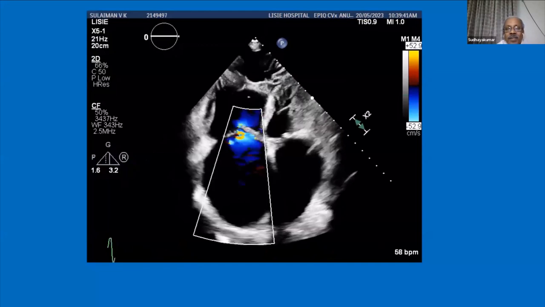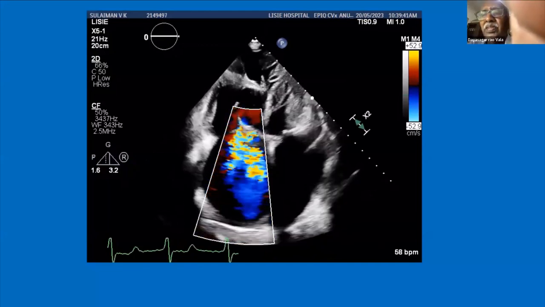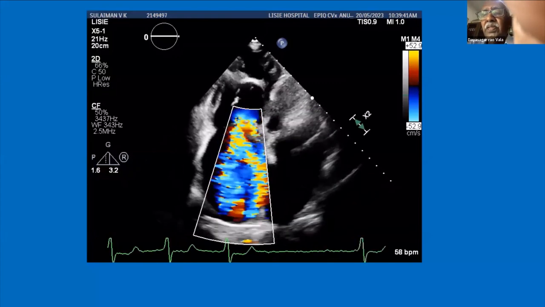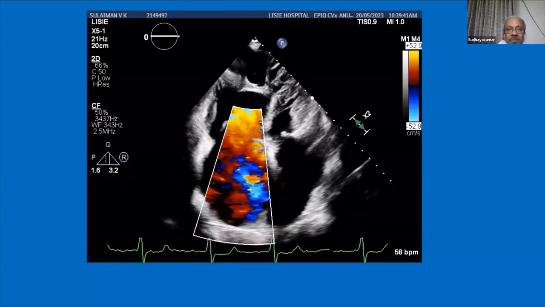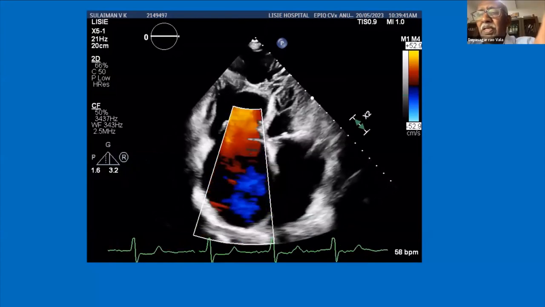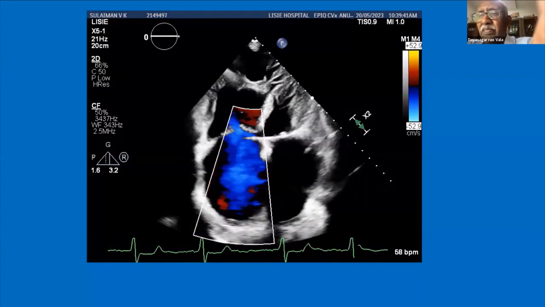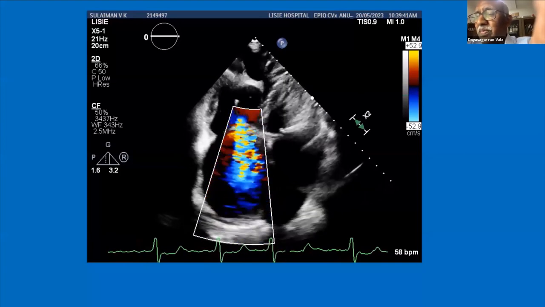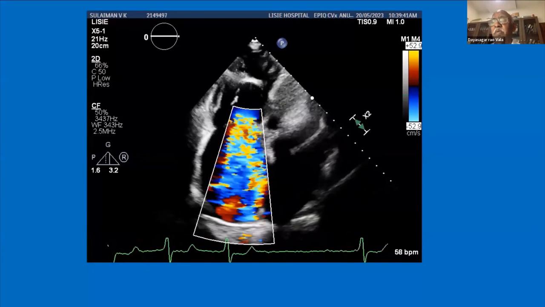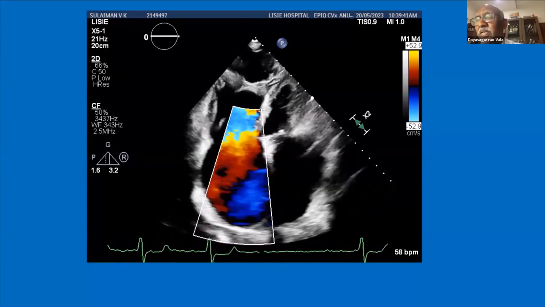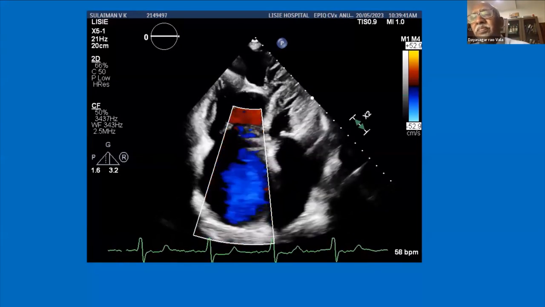Okay, fine. Severe TR. So what is the single most important finding by which we say it is severe TR on the echo? I want one single parameter.